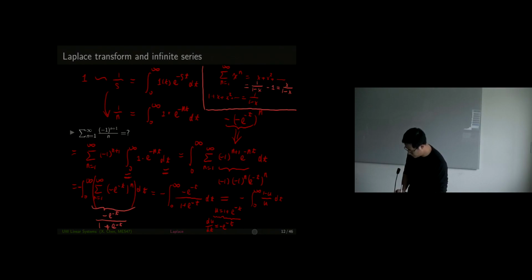By definition, we know that e to the negative t equals to u minus 1. So the whole thing is 1 minus u.